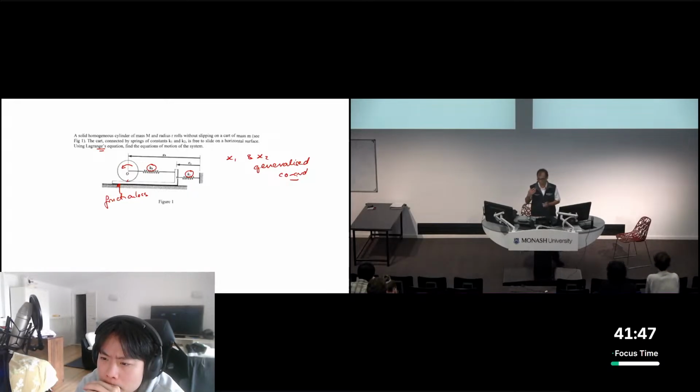Now, if I use Lagrange equation to find the equation of motion, you find that the mathematics is actually very easy.